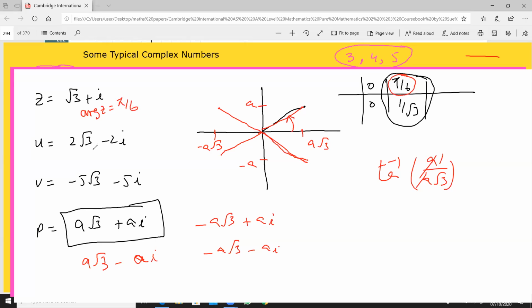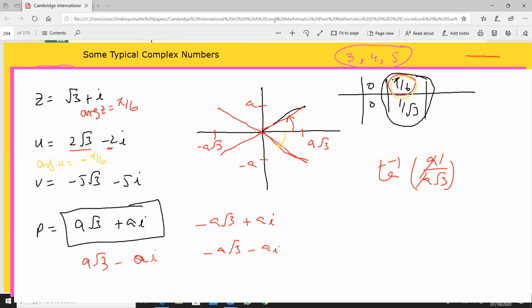Okay. In this case, when this is 2 under root 3 and then minus 2, which quadrant is it? Fourth quadrant. So we are clear that the angle is going to be pi by 6. So the argument of u is going to be minus pi by 6.